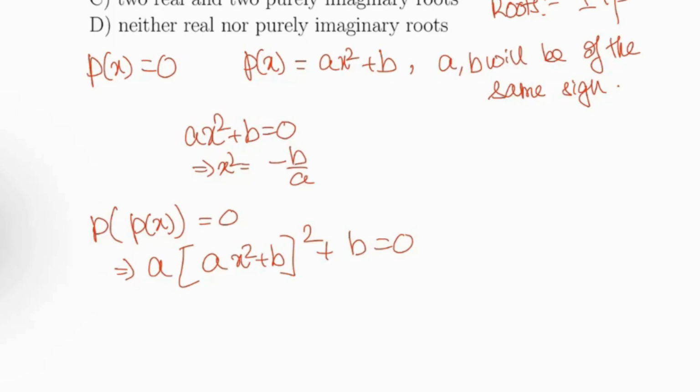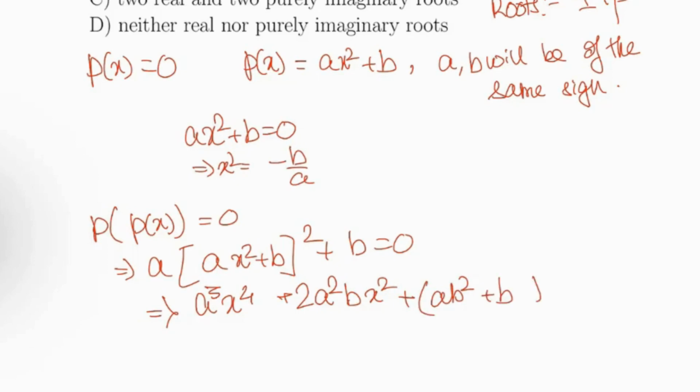Solving this, we get a cube x to the power 4 plus twice a square b x square plus ab square plus b equals 0.